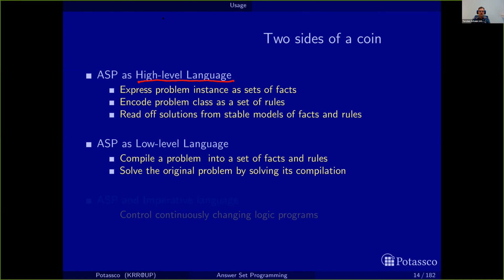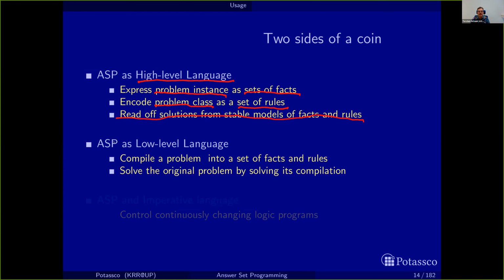You express the problem class as a set of rules, and this set of rules should work with all problem instances of this class. Then the specific problem instance you represent as a set of facts. And then you push the button, do this workflow, and you read off the solutions from the stable models of the facts and the rules taken together.